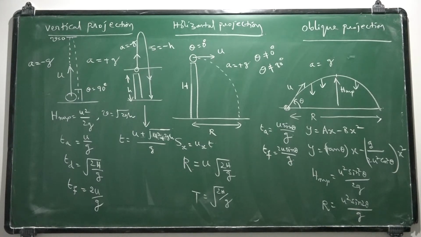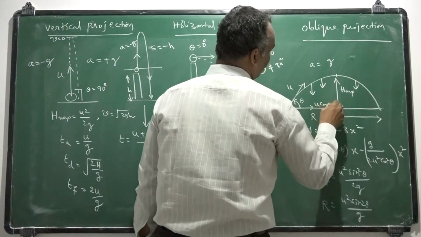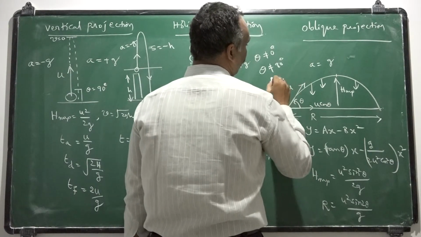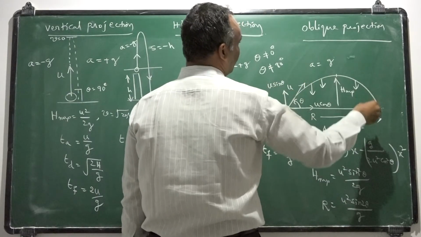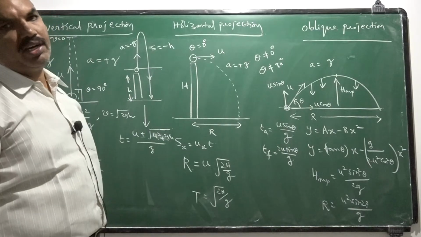So what is the nature of the path, what is the maximum height reached, what is the range, what procedure should you adopt? Every time you should take that velocity vector into two components, u cos theta horizontal component and u sin theta vertical component. Here vertical component is affected by the gravity, horizontal component never gets affected.